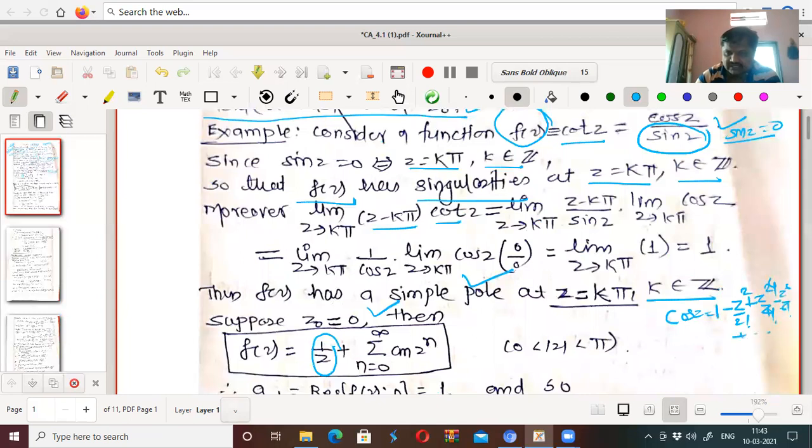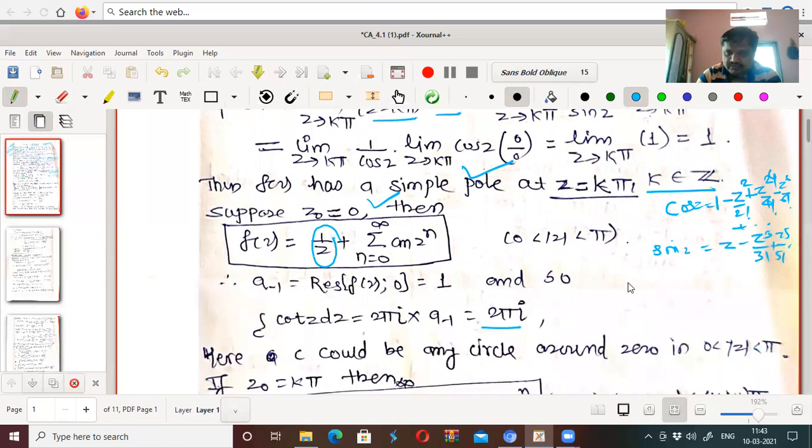And what about sin z? Sin z is z minus z cube by 3 factorial plus z raised to 5 by 5 factorial, and so on. Now we want to obtain cos z upon sin z. We will divide the cos series by the sin series.